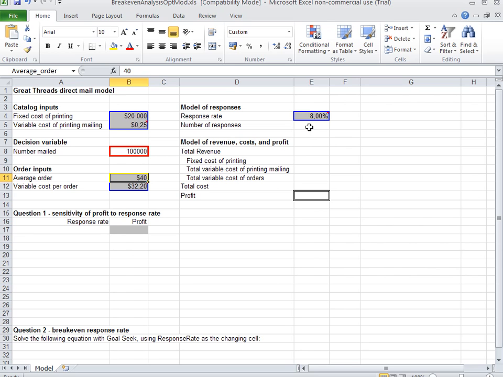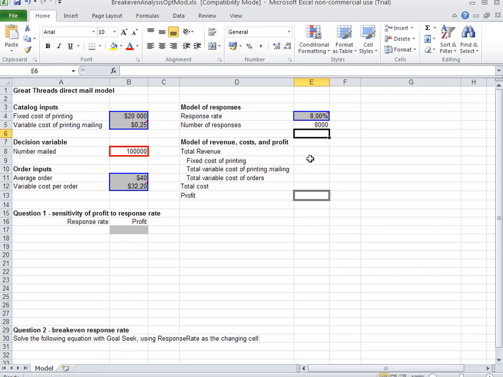The first question is, what's the number of people that actually respond to our mailing order? That equals this 100,000, which is number mailed, times 8%, which is the percentage of people who are actually responding to our mail order catalog. And of course the number here is 8,000.